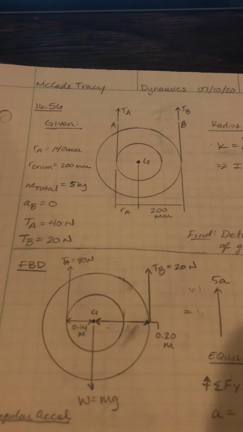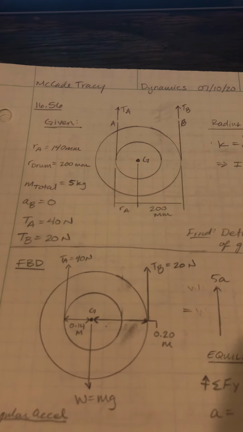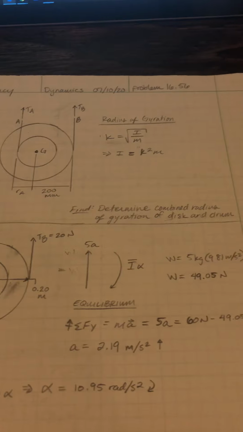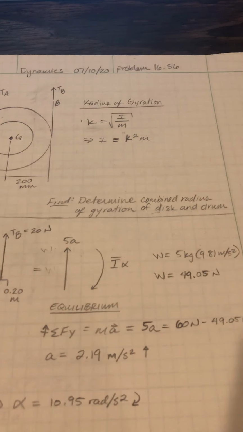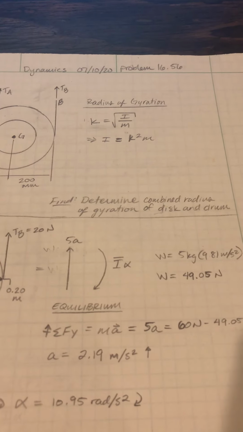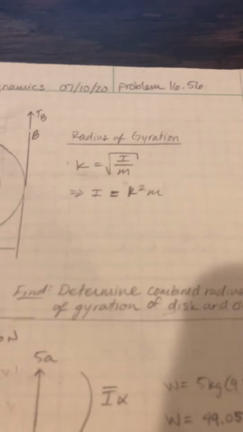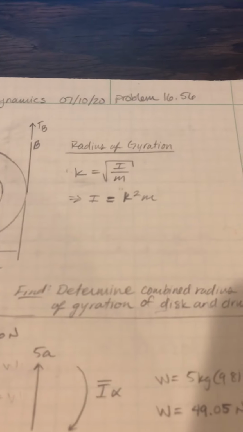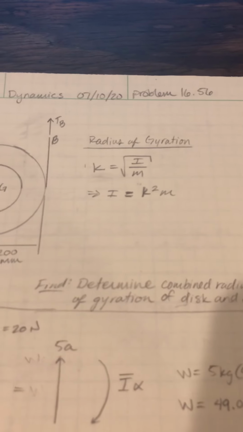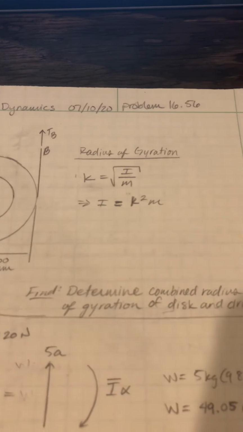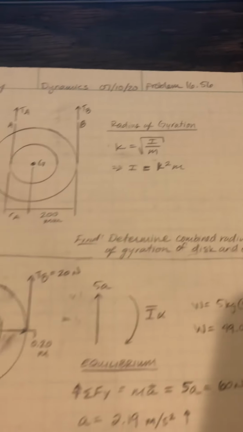So we're being asked to determine the combined radius of gyration of the disc and drum. From the book, we are able to find this equation for radius of gyration, K is equal to the square root of moment of inertia divided by the mass.